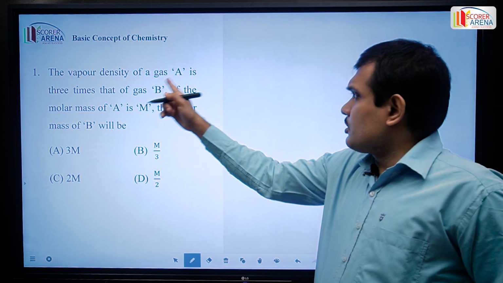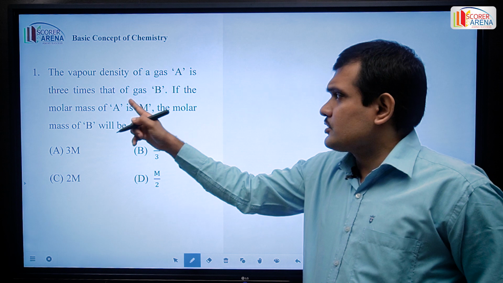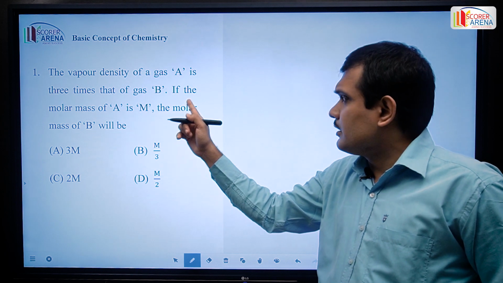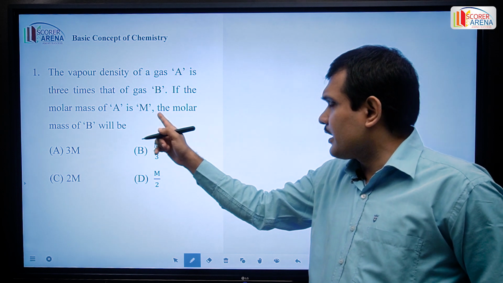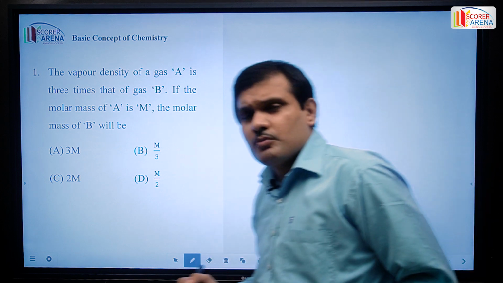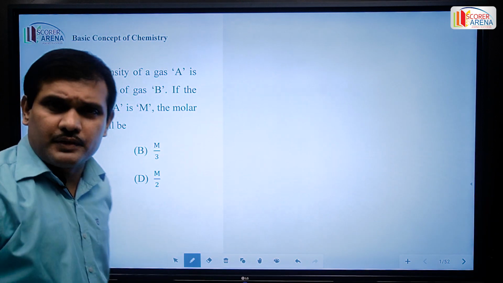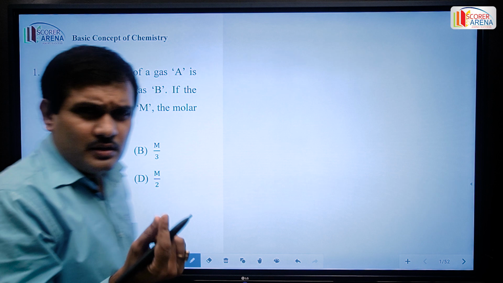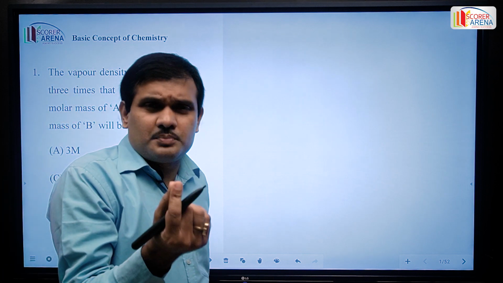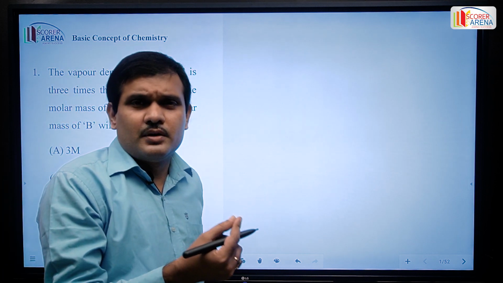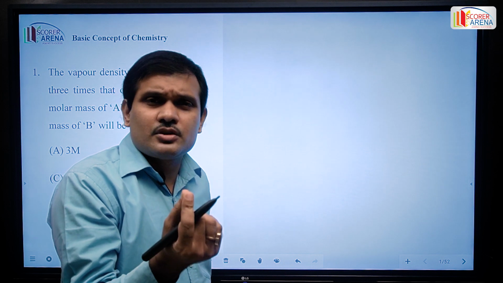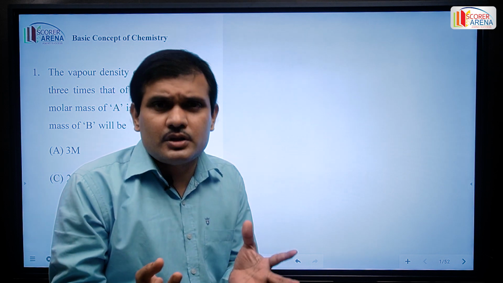The vapor density of a gas A is 3 times that of gas B. If the molar mass of A is M, then what will be the molar mass of B? Some options are given. The concept used to solve this problem is the relation between vapor density and molar mass.